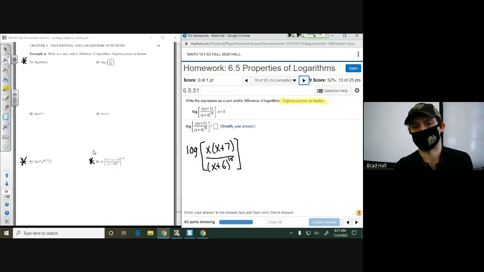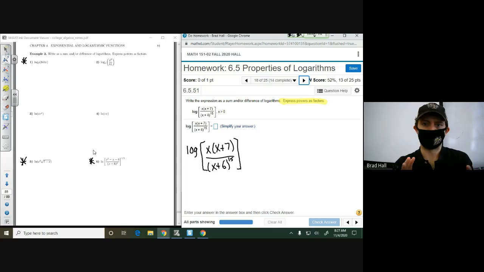So are we taking the logarithm of a product, quotient, or an exponent first? I see a product in the numerator, I see an exponent in the denominator, and I also see a quotient. So we have all three rules at play here, and we need to figure out which one to use first.